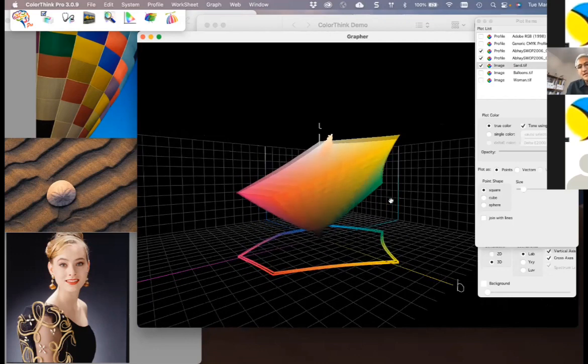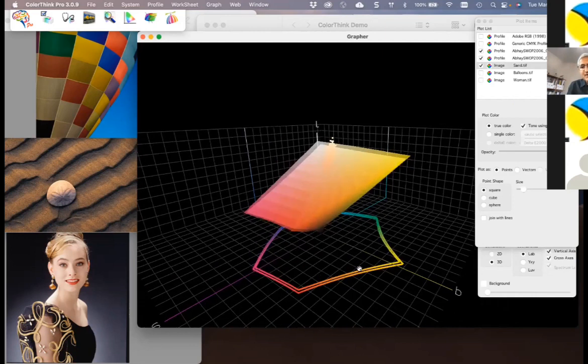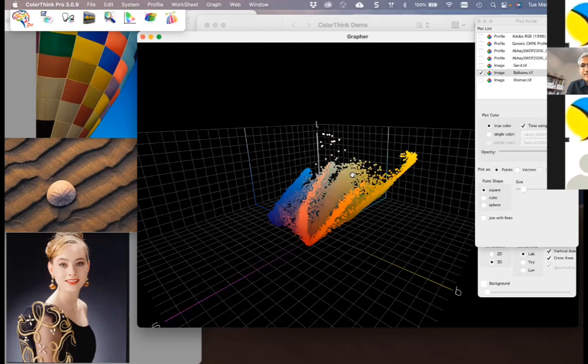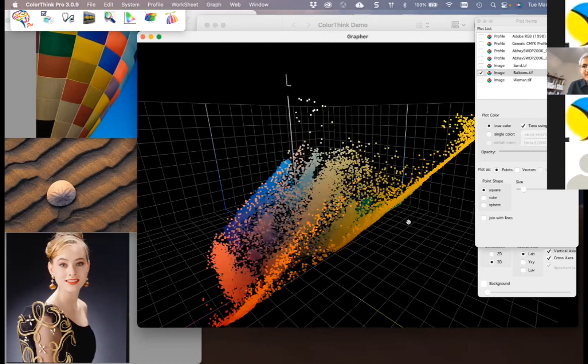So this is the importance of the paper and the inks. It makes the gamut volume, and that helps us deal with images of different types, because they can be anything from the balloons image that is as colorful as this.